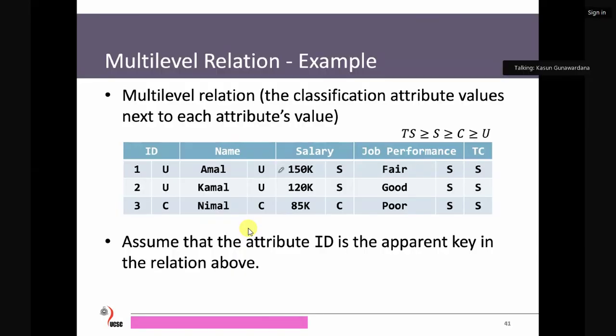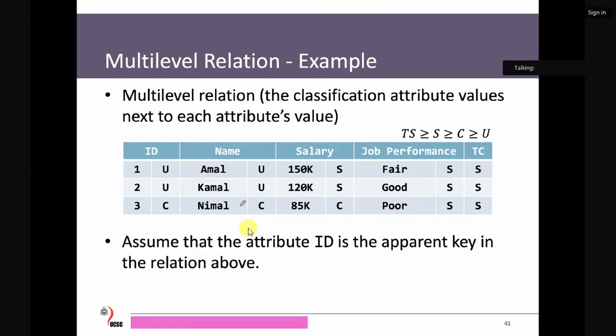And the highest level of classification that we see in this row or tuple is S. So we give TC as S. The second one, its ID is 2. Name is Amal. Salary 120. Right? Job performance good.